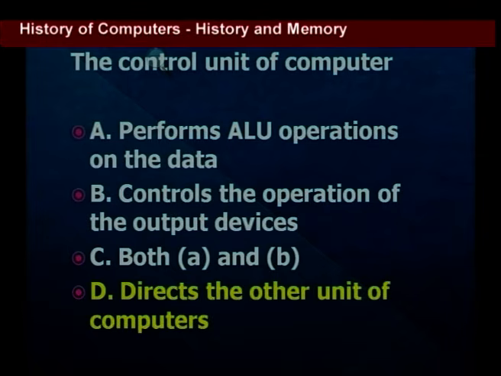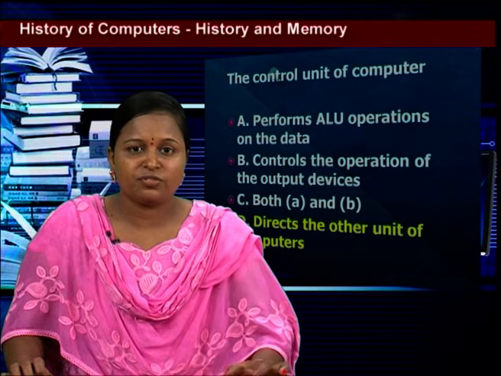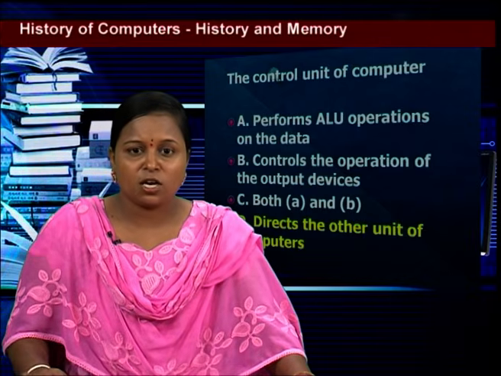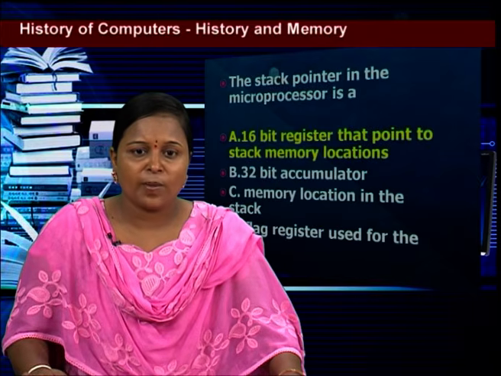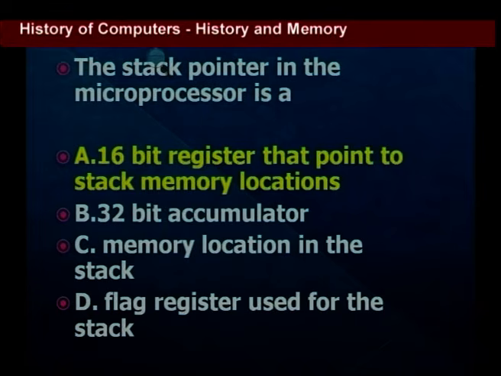The control unit of a computer directs the other units of the computer. Stack pointer in the microprocessor, which means mini processor, consists of a 16-bit register that points to stack memory locations.